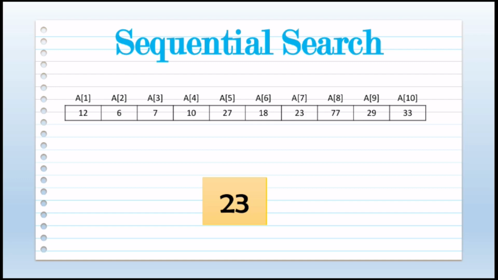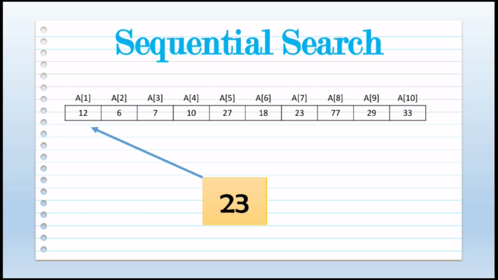That means we will start comparing our searching element sequentially starting from the first element. So first we will compare the searching element with the first number. Here 12 is the first element. Is 12 equal to 23? No, the condition is false.